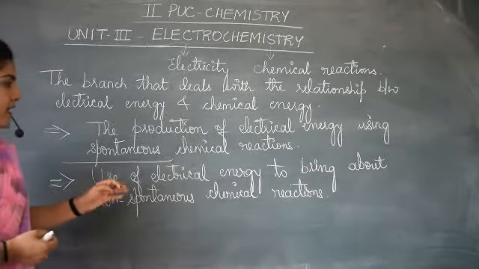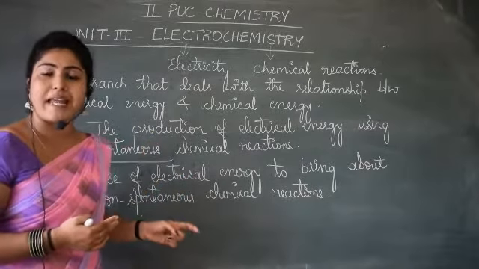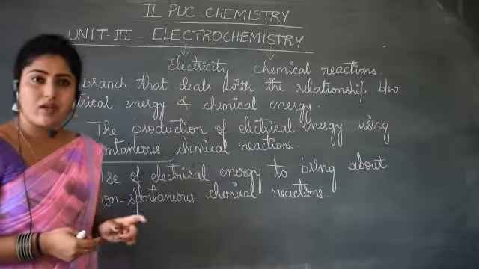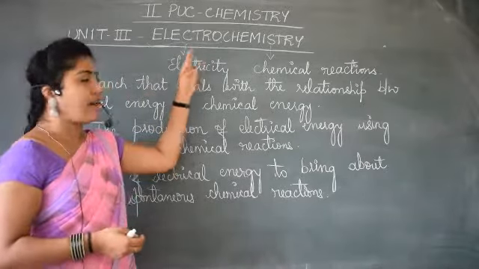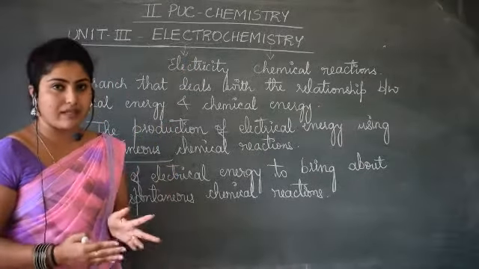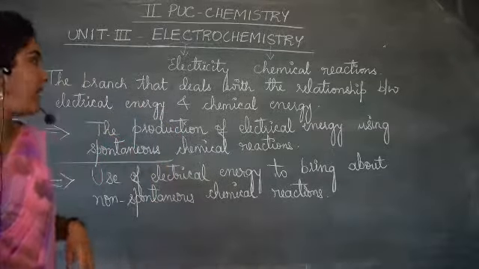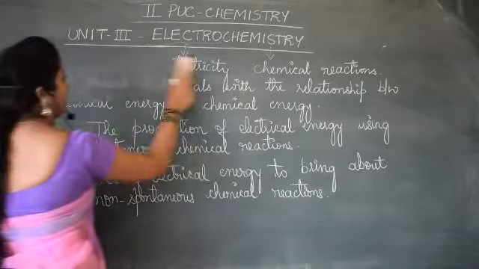Now let us study the important types of cells. Such cells are called electrochemical cells. The cells that follow the principle of electrochemistry, we call electrochemical cells. There are two main types of electrochemical cells we will study.